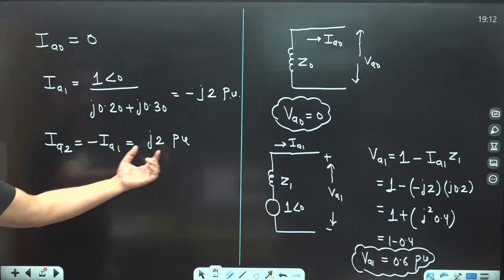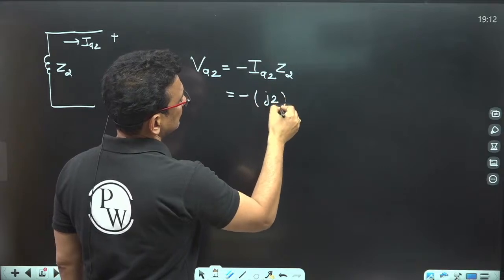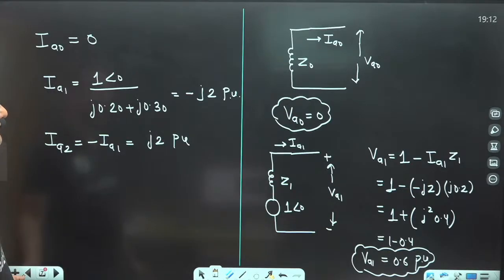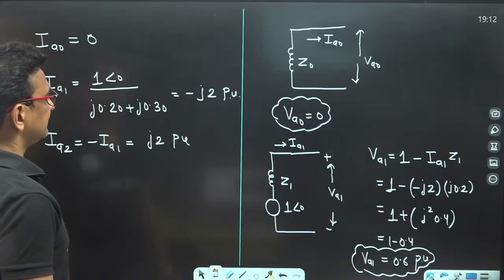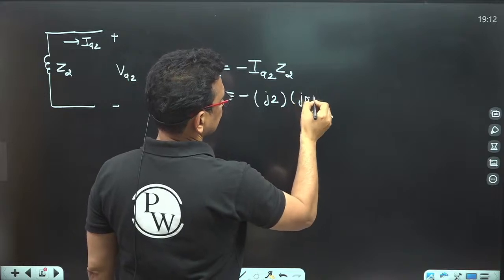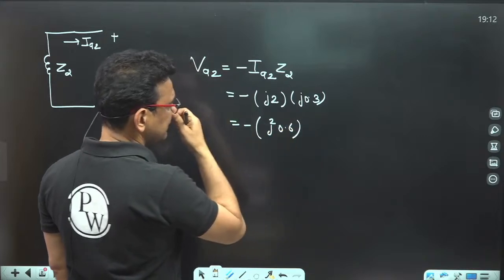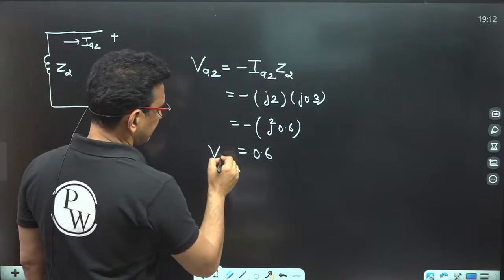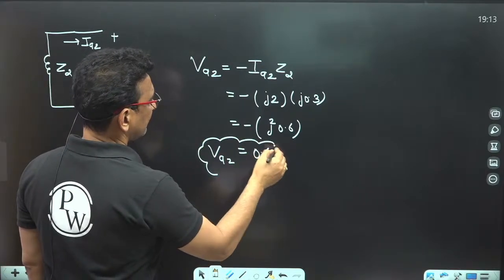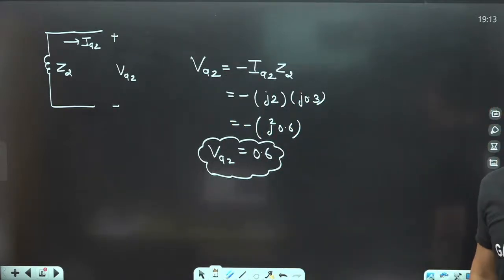Minus IA2, that is j 2, times the negative sequence reactance j 0.30. So it becomes minus j square 0.6, and we all know j square is minus 1, so it becomes 0.6. Minus and minus becomes plus, so VA2 is 0.6. Any problem till now? Is everyone clear how to find out the sequence voltages and the sequence currents?